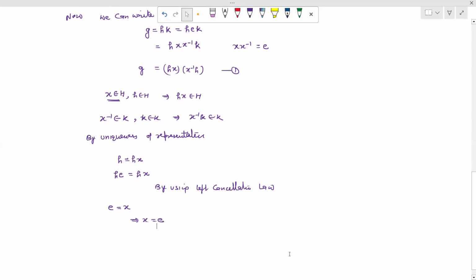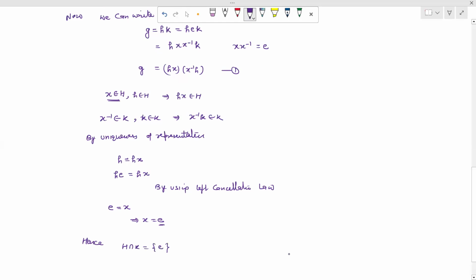So when x is equal to e, it means that the element x which belongs to H intersection K is the identity element. Hence H intersection K is equal to {e}.